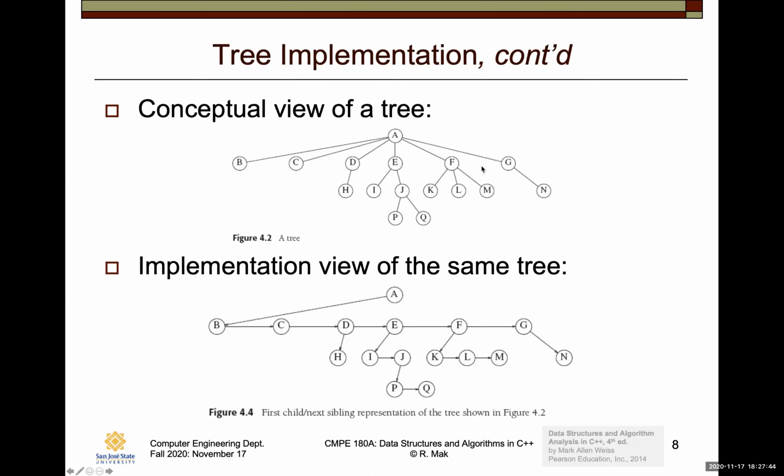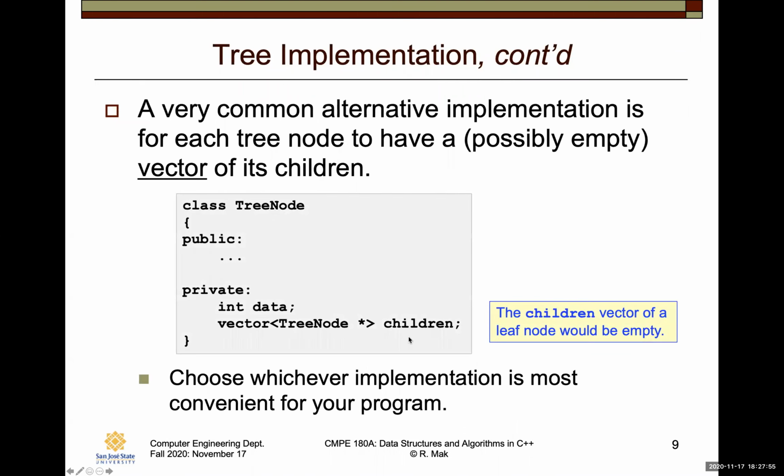So there's an ordering implied, and of course, this linked list maintains that order. And if you're like me and you put all the nodes in a vector, well, a vector, of course, would maintain the order. All right, so there are various ways that in the C++ code we can implement a tree node.